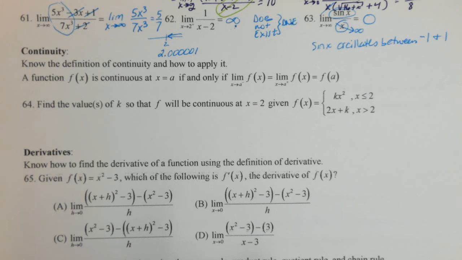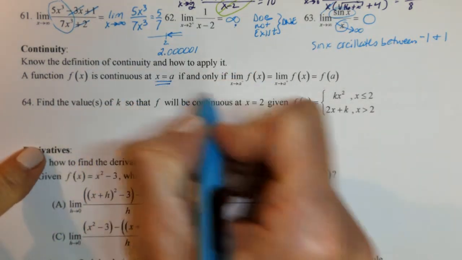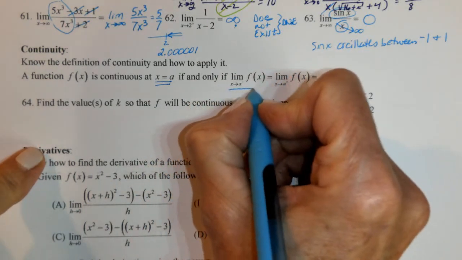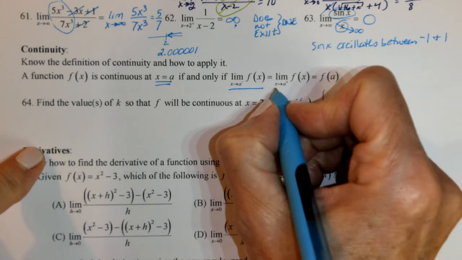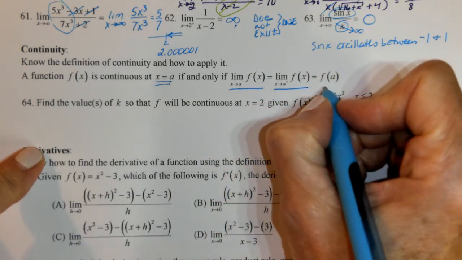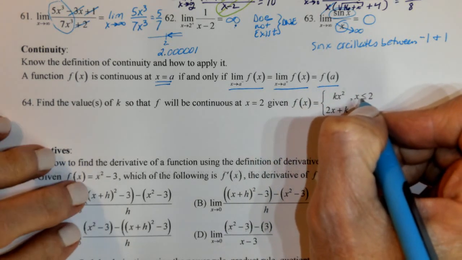You need to know the definition of continuity and how to apply it. So a function f is continuous at x equals a if and only if the limit from the left is equal to the limit from the right, and both of those are equal to the function at that value.